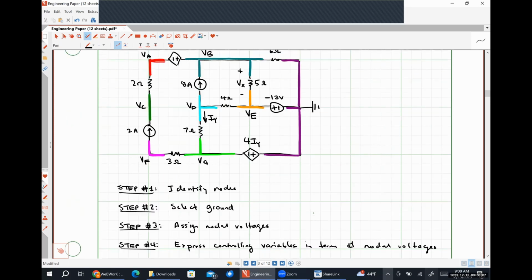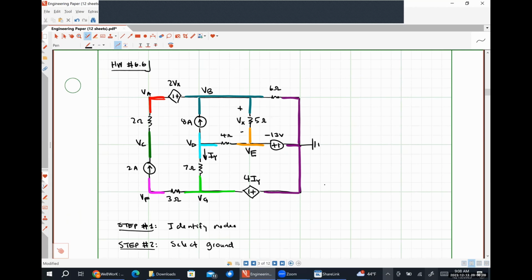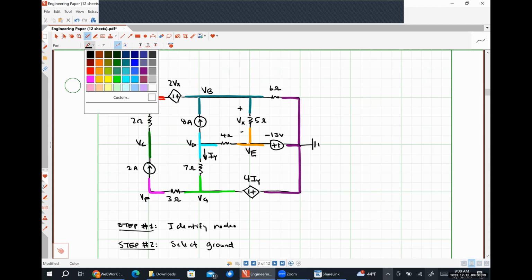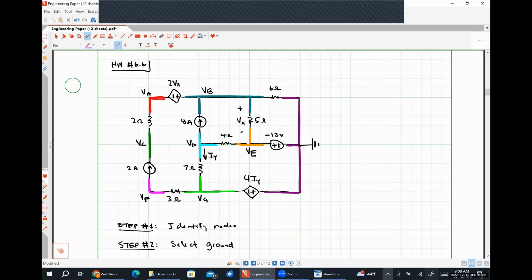So let's go up here and figure out which supernodes, if any, satisfy that criterion. Anytime we have a voltage source, we are going to have a supernode. So I'm going to have a supernode here between nodes A and B. I'm going to have a supernode here between nodes E and ground.